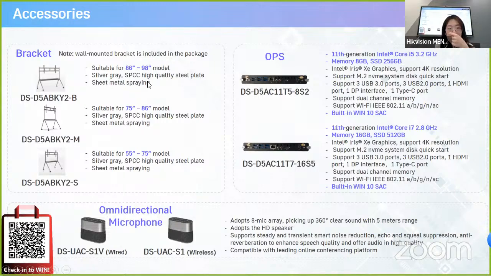If you want, we can add something else for the accessories. For the bracket, please attention: choose the size to let your FPD match the bracket. And for the OPS, we have two types.